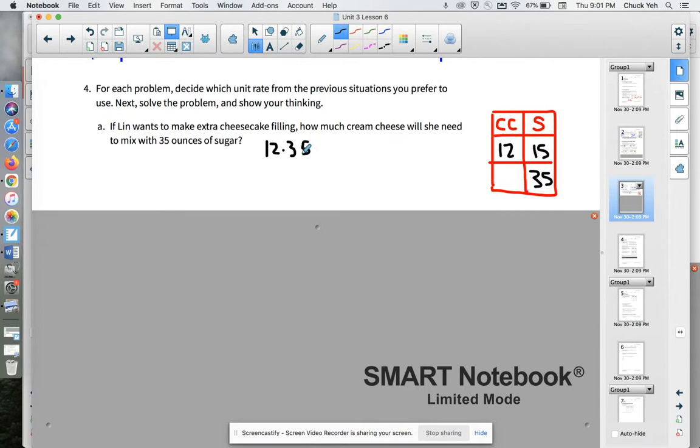Let me do that on my calculator. 12 times 35, 420. And then whatever that answer is, then divide by 15. So 420 divided by 15.